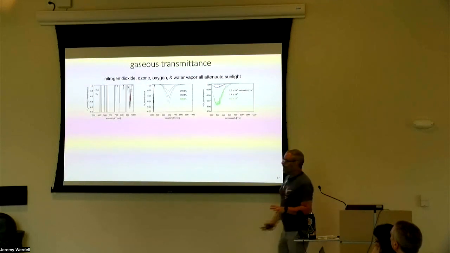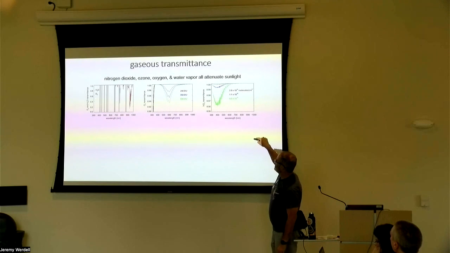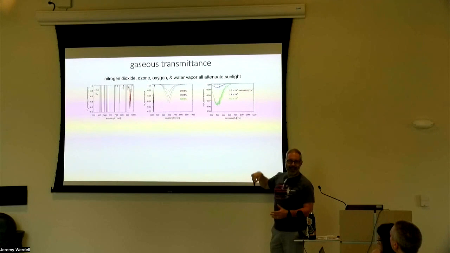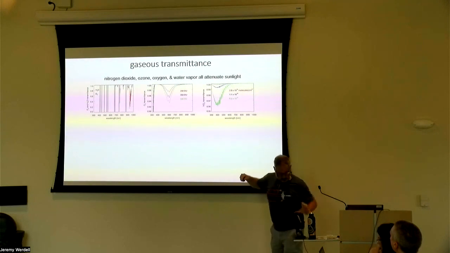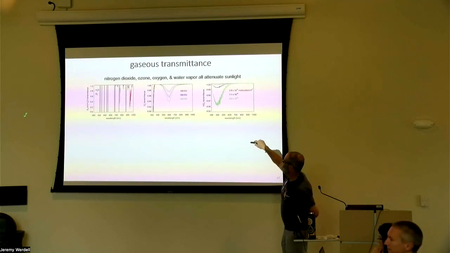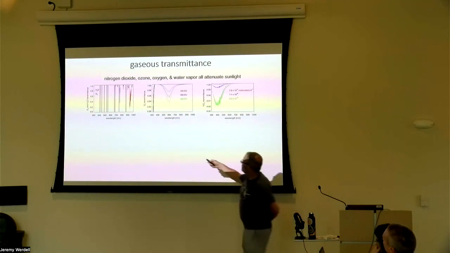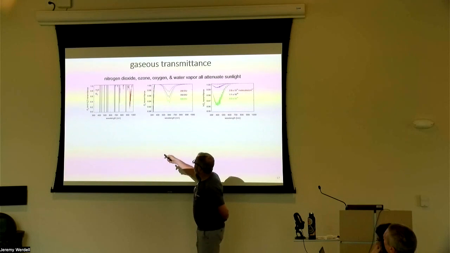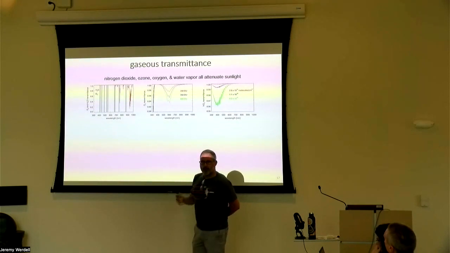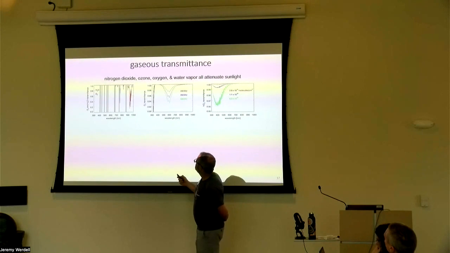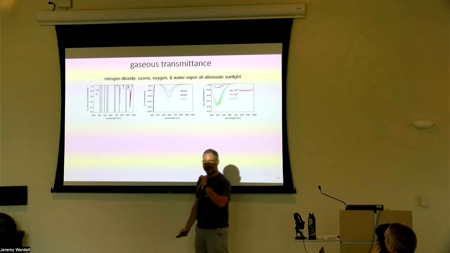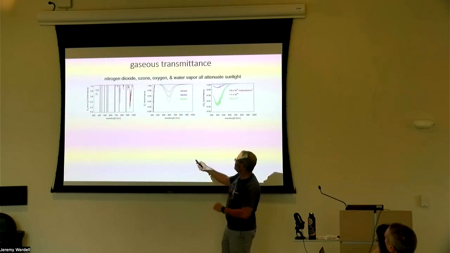You may have already seen these in other classes, but this is just an example of the spectral transmittance for various gases that get in the way in the atmosphere. Here, oxygen and water vapor. What's overplotted here are some heritage bands on ocean color instruments. You can see that in certain places they get very strategically placed to avoid contributions by water vapor and oxygen.